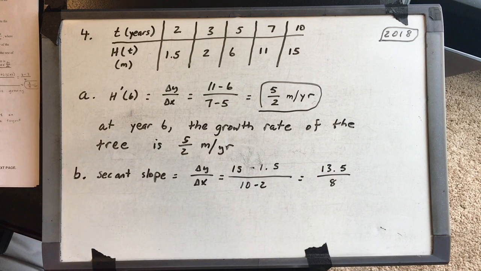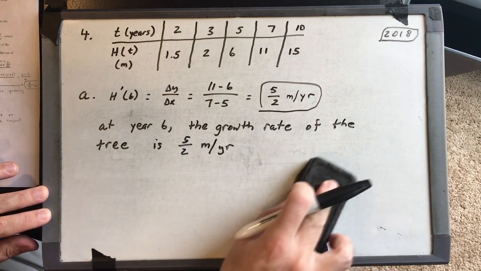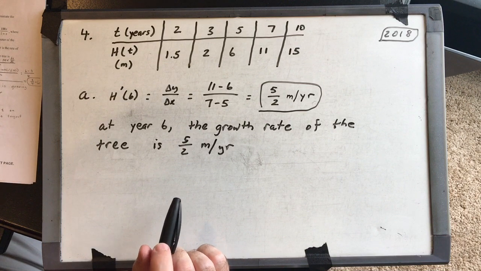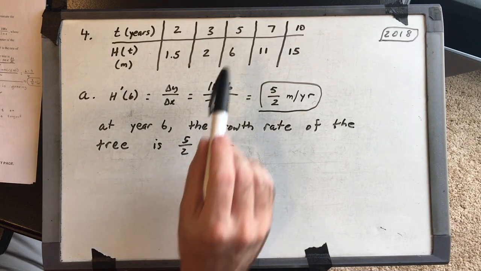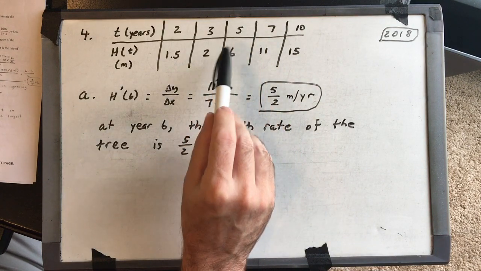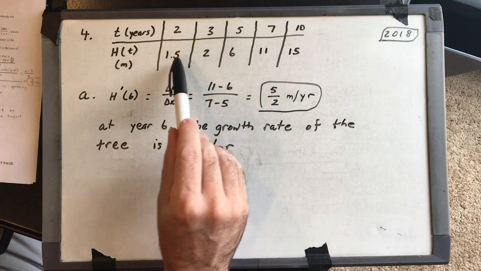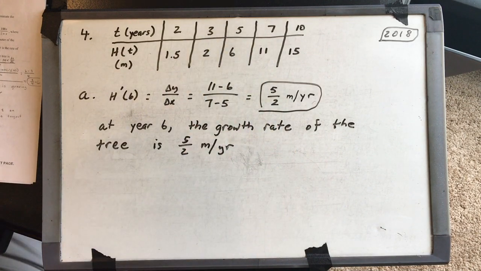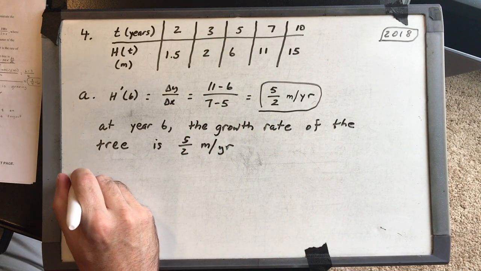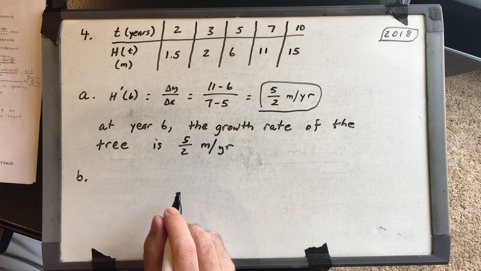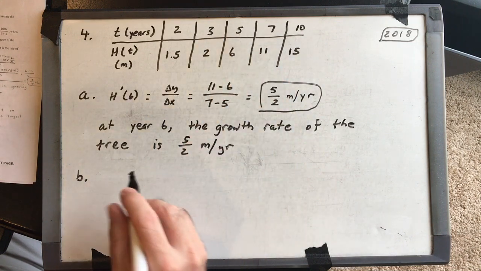So let me read over this one just a second. Sorry about that. See what's going on here. It looks like on this table, between 3 and 5, I would get a slope of 2. So you would really probably have to check out all of the intervals to see, does any of the intervals give you a slope of 2? So let's look at between time 3 and 5.